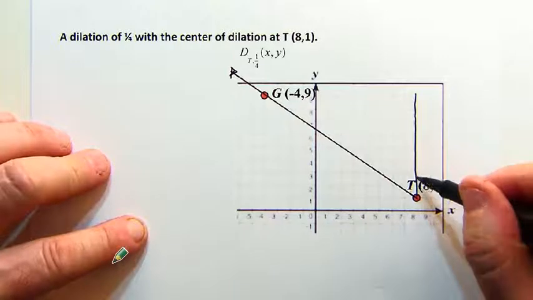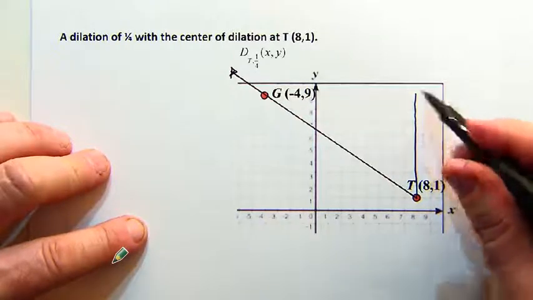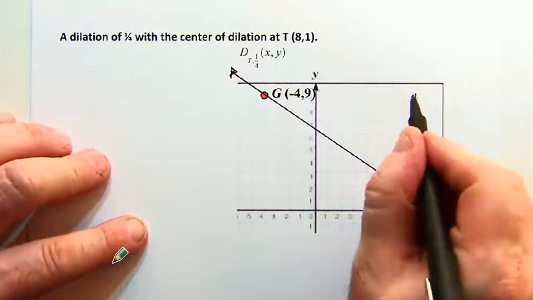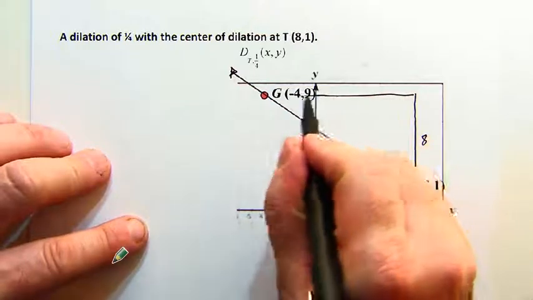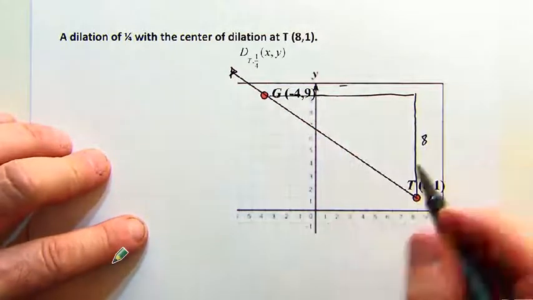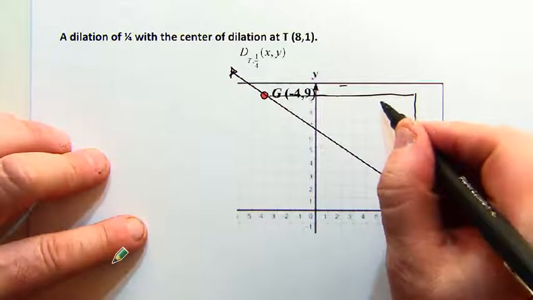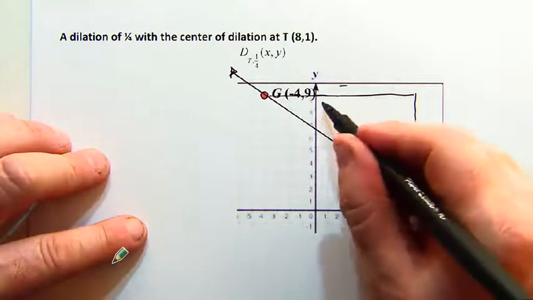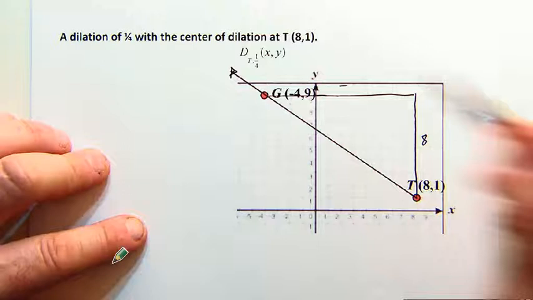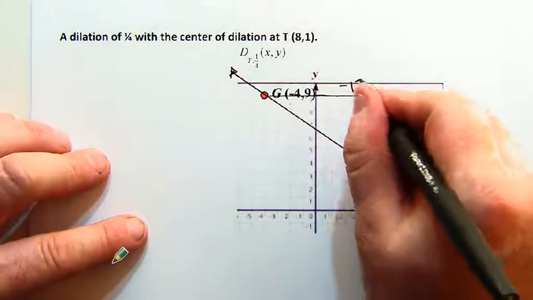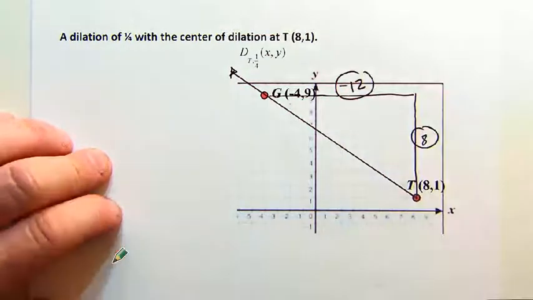We go up 1, 2, 3, 4, 5, 6, 7, 8 is my rise. And then this will be my run, and it'll be negative because I'm going backwards. And I think it's 13, but 1, 2, 3, 4, 5, 6, 7, 8, 9, 10, 11, 12. No, it's 12. So here are my values.